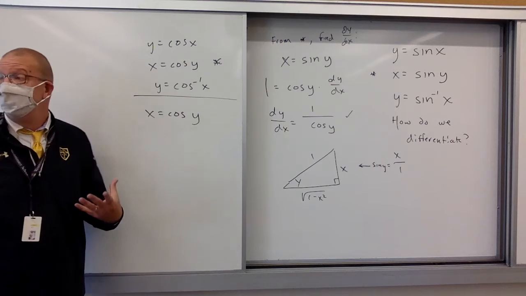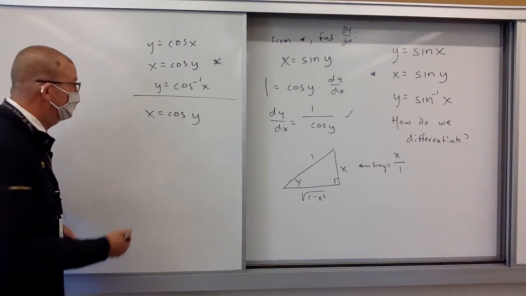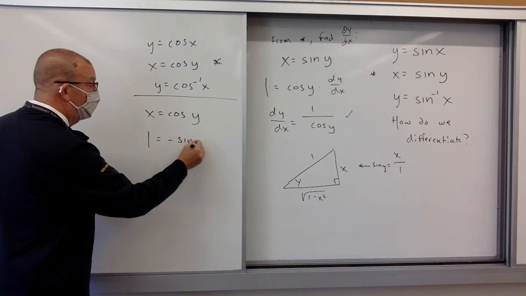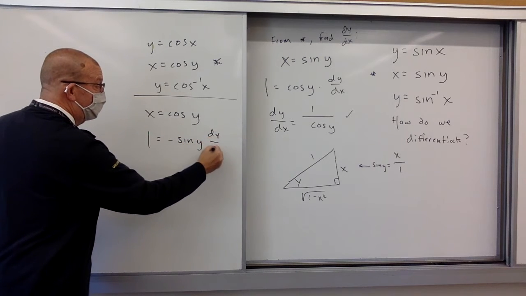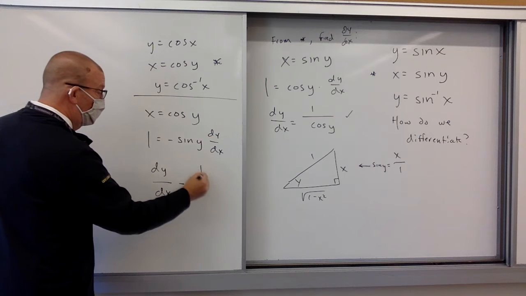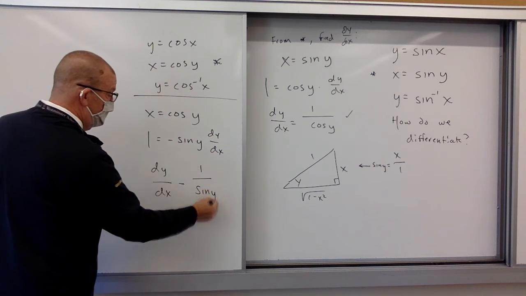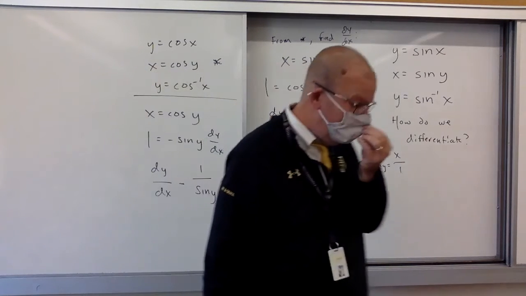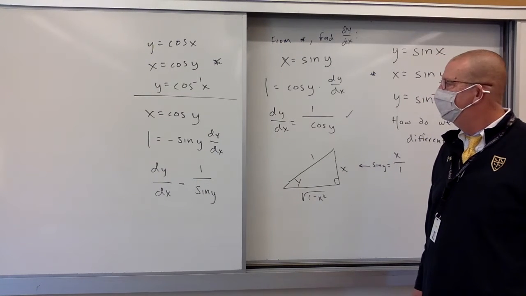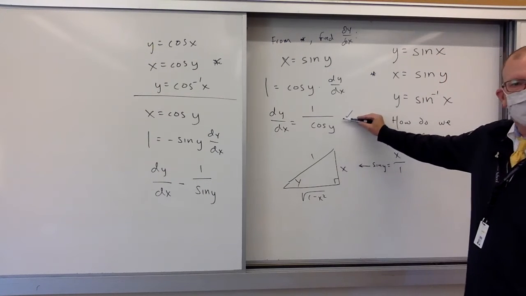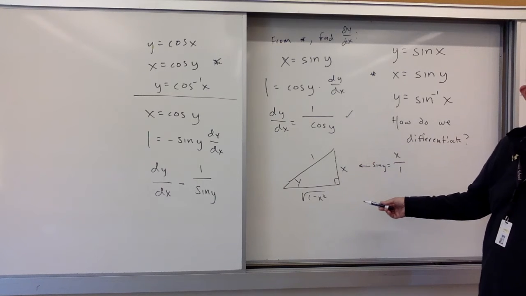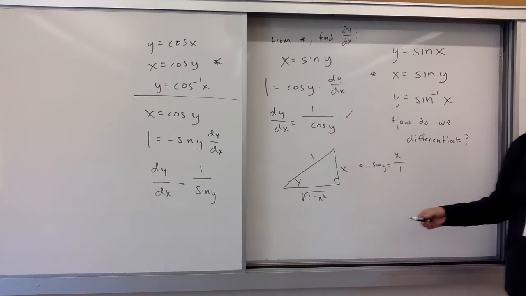So pause the video, see if you can do the derivative. 1 equals negative sine y dy/dx, or dy/dx equals negative 1 over sine of y. Well, wait a minute. Now I'm right back here at the equivalent step to the previous problem, and the next thing we did was we drew a right triangle, right?